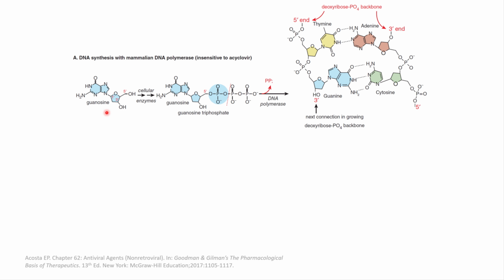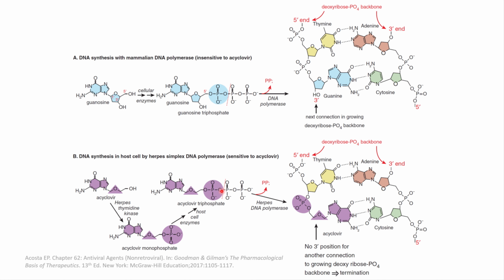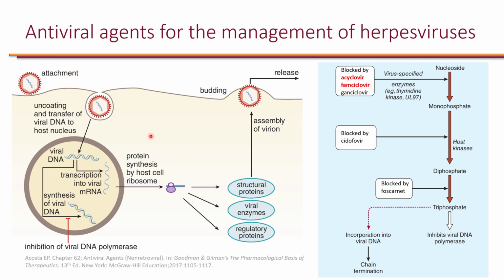Now when you have a compound that looks like guanine, the polymerase will incorporate acyclovir into the chain, but because this looks different, it's not going to be able to make the appropriate bonds that are required for the DNA. And essentially what happens is that the process of DNA synthesis will be terminated. So that's how these agents will interrupt DNA synthesis.